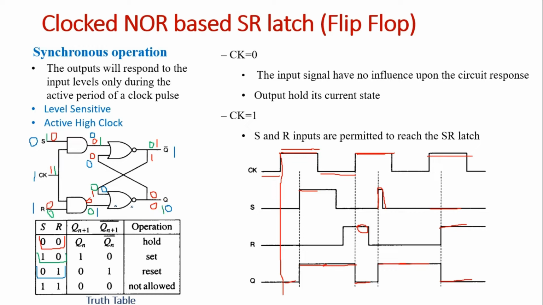So therefore again during a reset operation the output of Q is 0. That means if R value is 1, the output of Q will become 0. That is a reset operation. Similarly, we can check the 1 1 also, which is not allowed in the SR latch.